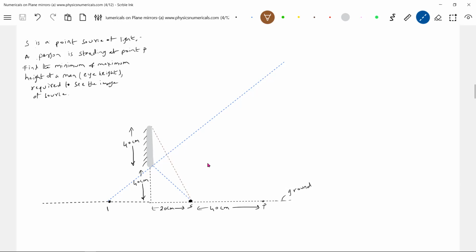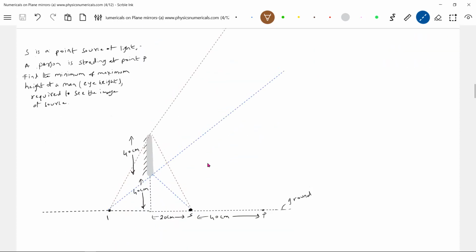Ray incident. I'll do one thing. We'll keep the person P here. Let me bring one vertical line.